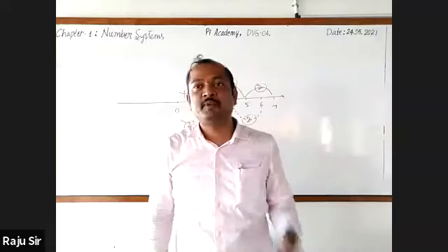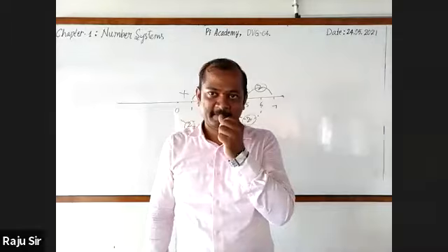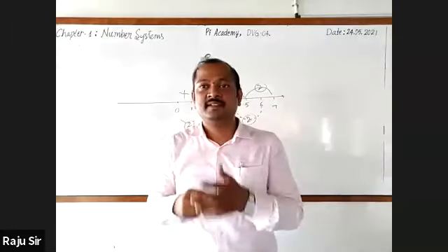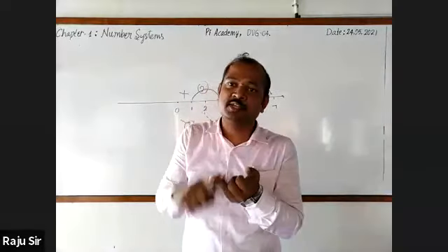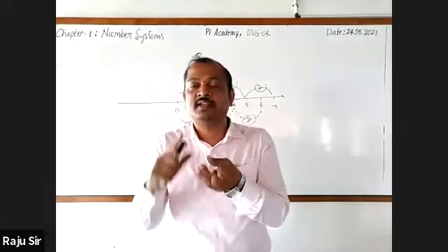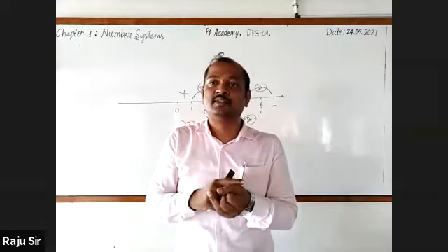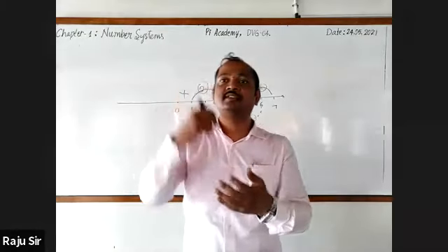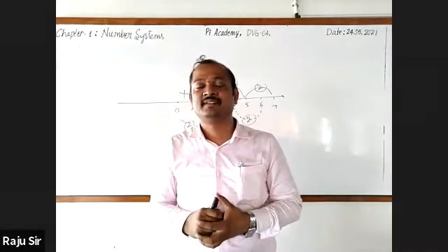I have one doubt. Could you clarify my doubt? Yes, sir, we'll try. I said that 0 is an even number. 2 is also an even number. And I said that the least even number is 2. Then why won't we take 0 as the least even number? Sir, it's not a natural number.